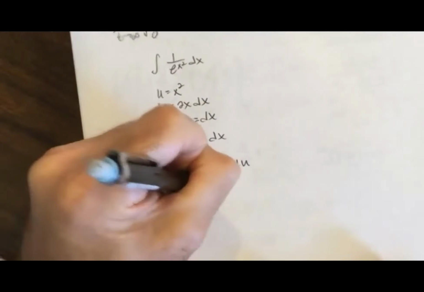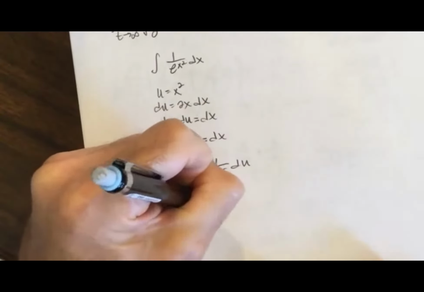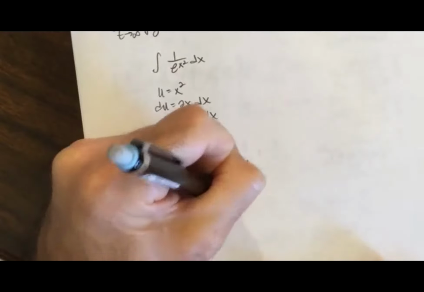So it looks to me like we have 1 over 2 root u e to the u du. Okay, now what? I mean, yes, we can pull the 1/2 out. That's easy. But after that, what?